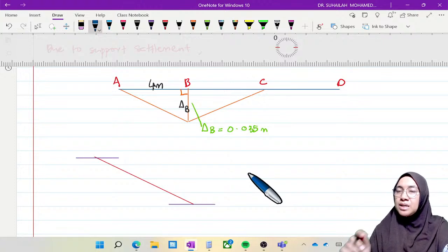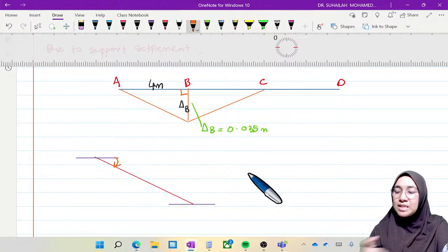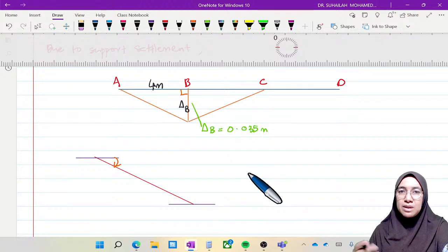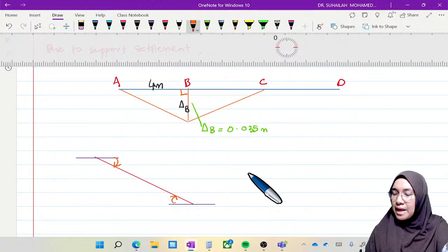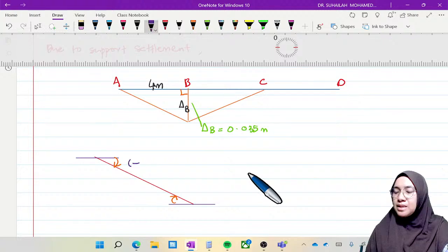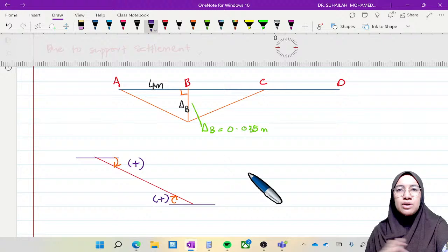So the angle is measured like this, from the original or reference line, just like in mathematics when you learn about angle, sudut. The angle is positive. What can we conclude when the angle is positive? When the angle is positive, FEM is negative.